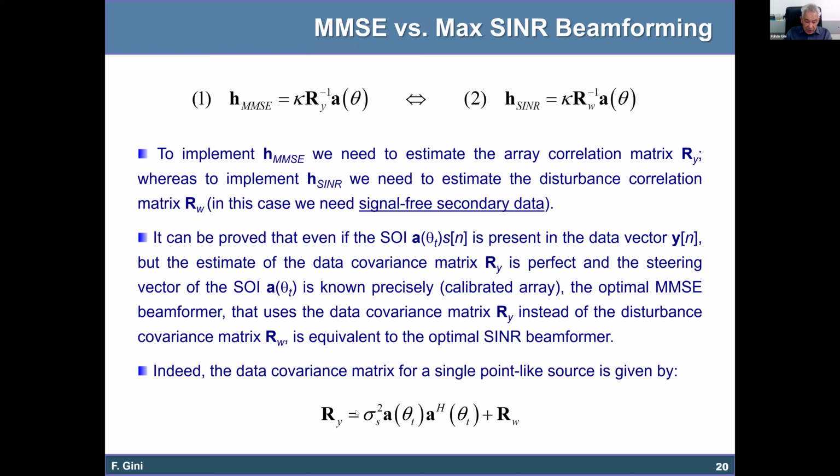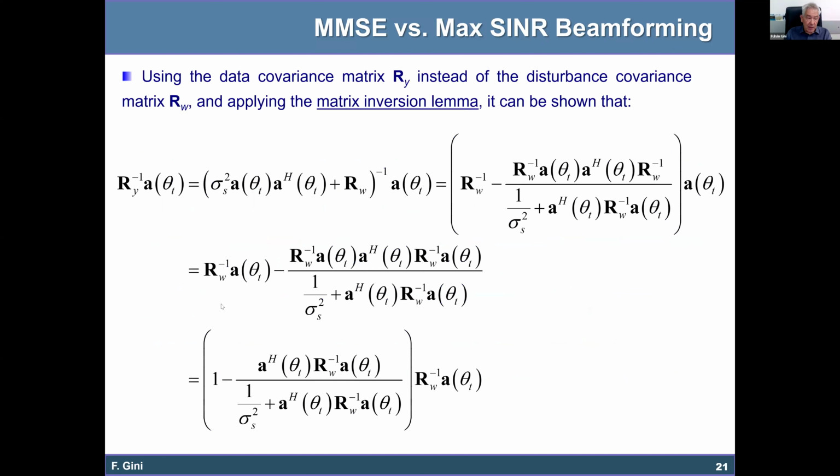So we have a single point-like target. So the structure of the signal covariance matrix is this one. So we have to calculate the inverse of Ry, so the inverse of this matrix, times the array response. Now, this is a rank 1 matrix, and this is a typically full rank matrix.